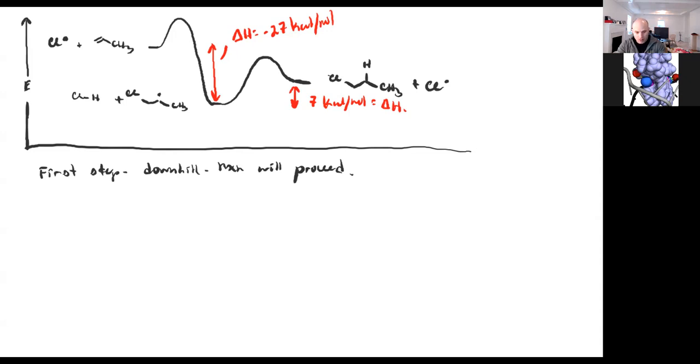The second step, I'm going uphill. Okay, and because I'm moving to a higher energy state, the reaction does not proceed.